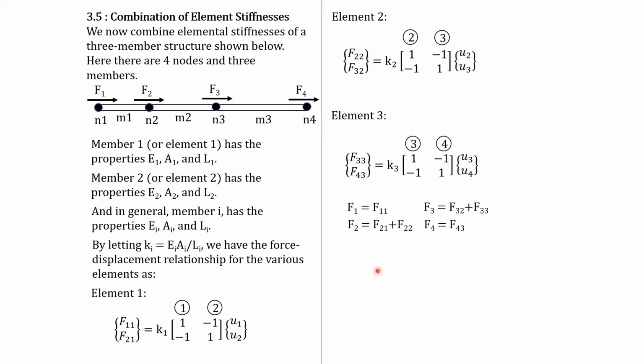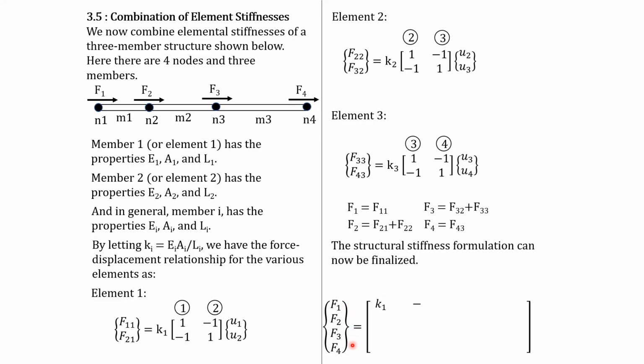And F4 is simply F43. So the structural stiffness formulation can now be finalized. We have F1, F2, F3, F4 equals K1, negative K1, 0, 0, negative K1, K1 plus K2, then negative K2, 0, 0, negative K2, K2 plus K3, negative K3, 0, 0, negative K3, K3.